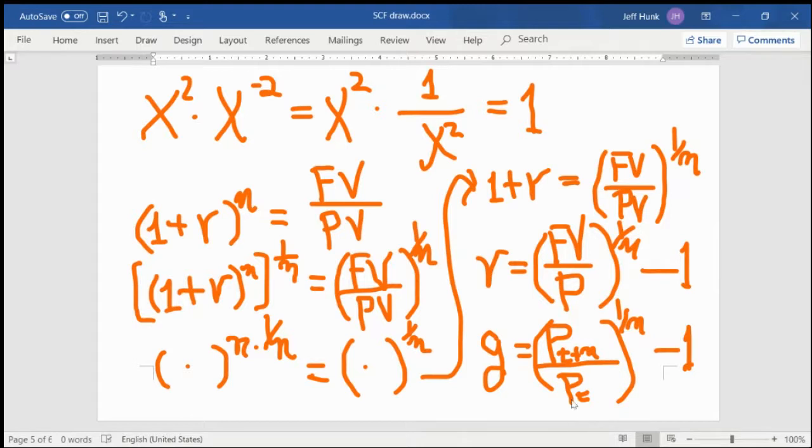Because I've been telling you from the first topic that there's a compounding going on, and when there is compounding, the growth rate, the holding period return, can be annualized, but it has to be the geometric average. Why? Because it's compounding.